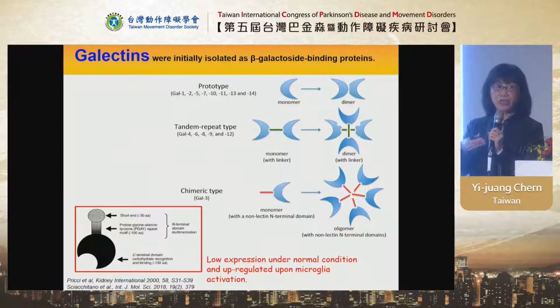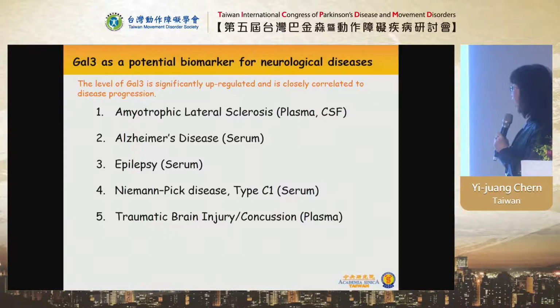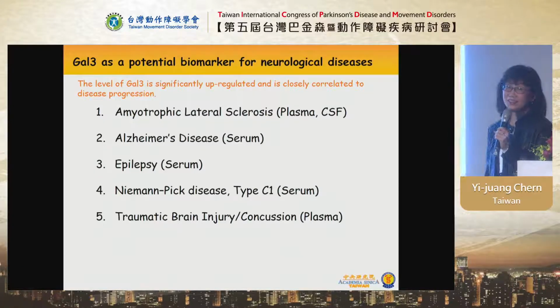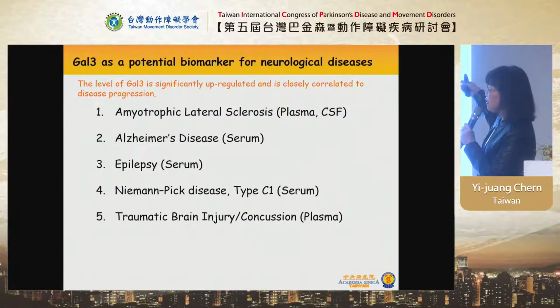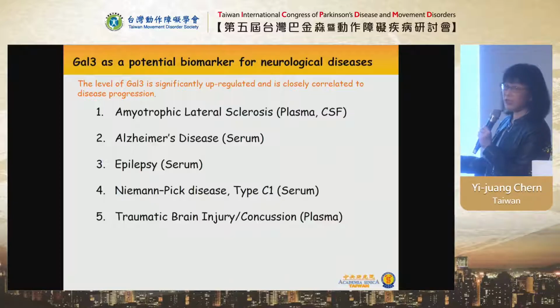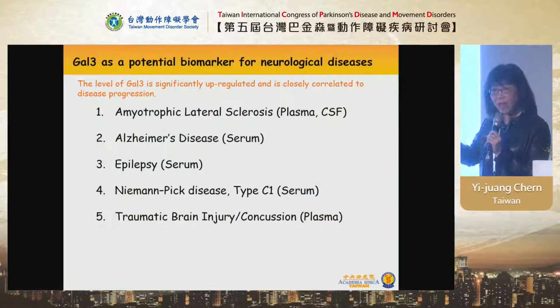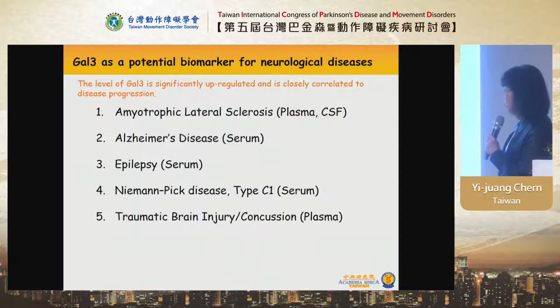Therefore, if you use an inhibitor to inhibit its overactivation, it could be safer than if the expression were higher. Another interesting thing: look at this, ALS, Alzheimer's, epilepsy, another rare disease, even TBI. When there's a trauma in the brain, galectin-3 level is increased in the brain, sometimes even in the blood. So this makes it an interesting molecule that we really want to look into.